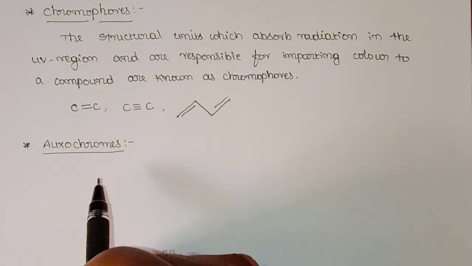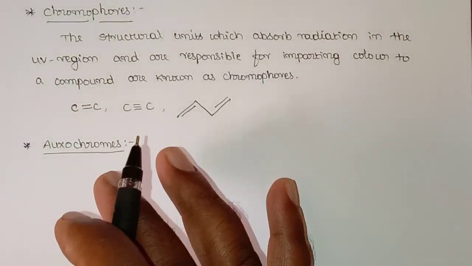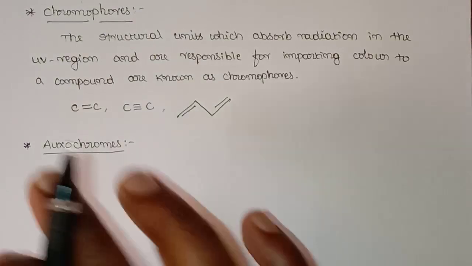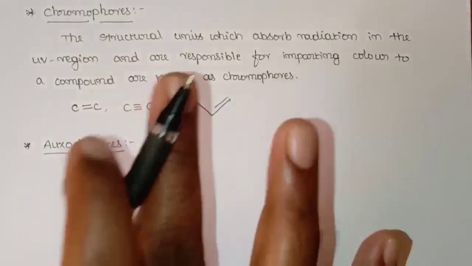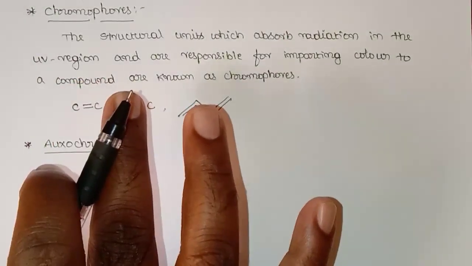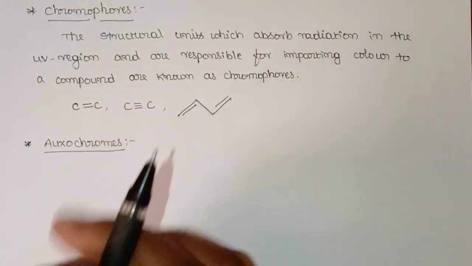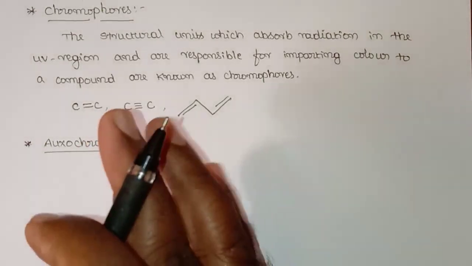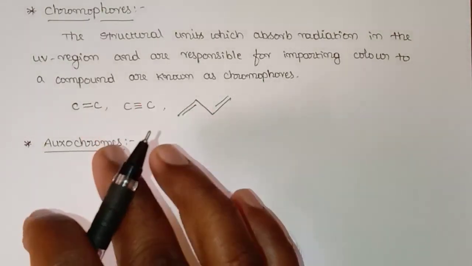So next is auxochromes. Auxochromes are the groups which are not themselves acting as a chromophore, but when present on the chromophore, they enhance the color imparting properties of the chromophore.